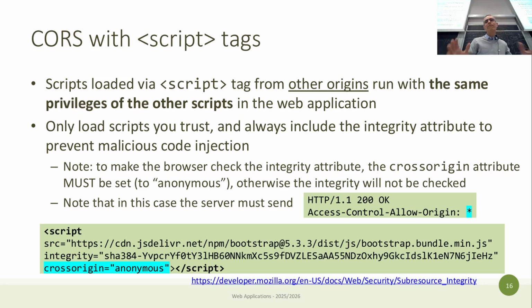So this is the modern way that makes sure that the browser does the integrity check, and everything works correctly. And especially, it doesn't work when it shouldn't work, because there is an issue with the integrity or with the origin.